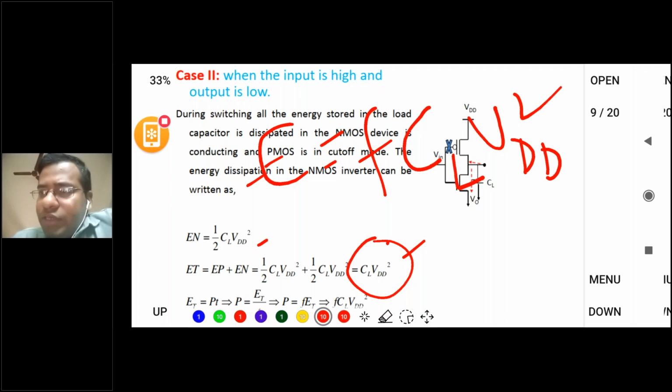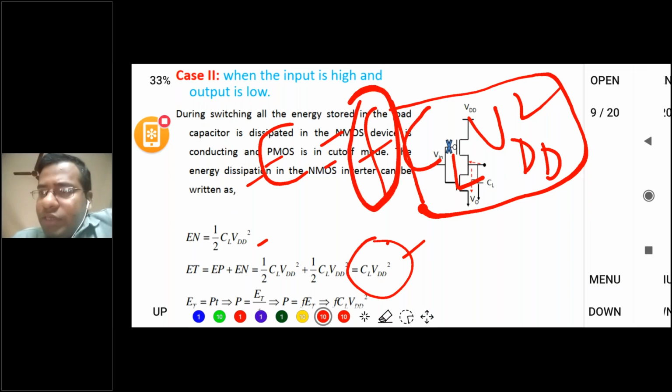In the previous case, if you did not consider the clock period, then only these two factors, CL VDD square, were there. But now if you consider the clock, then your frequency is also important. Your frequency controls the energy of your circuit, or you control the power of your circuit. So that means your energy is also proportional to frequency.